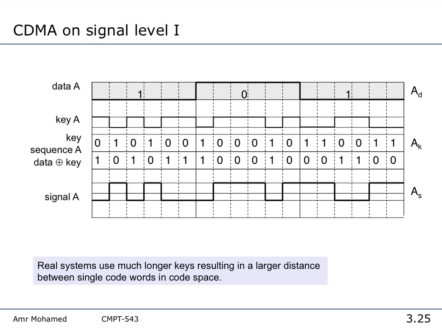As long as at the receiver side the code is generated in complete synchronization, you will be able to receive the data, whether the data is 1 bit, 2 bits, 3 bits, whatever.